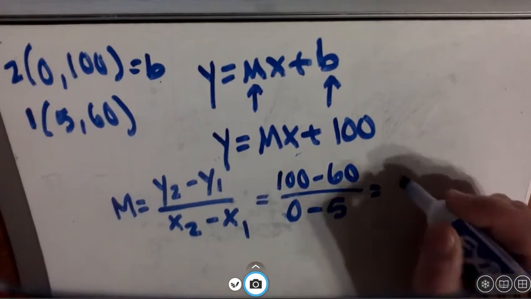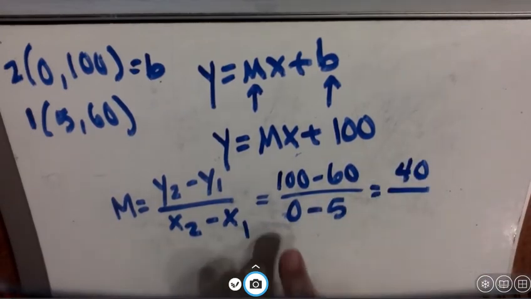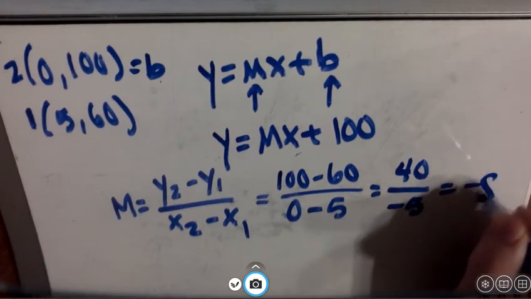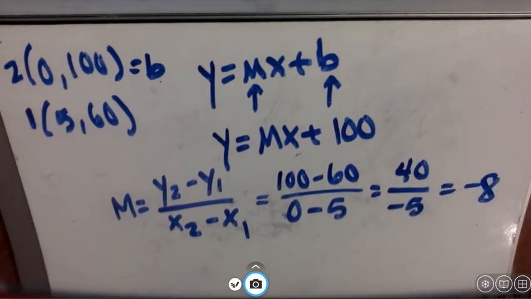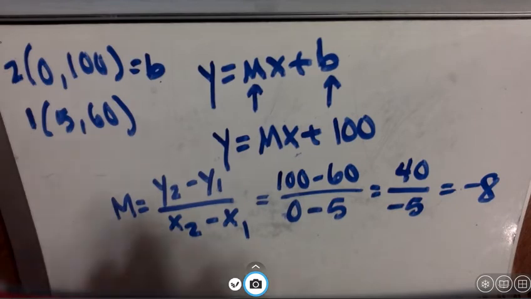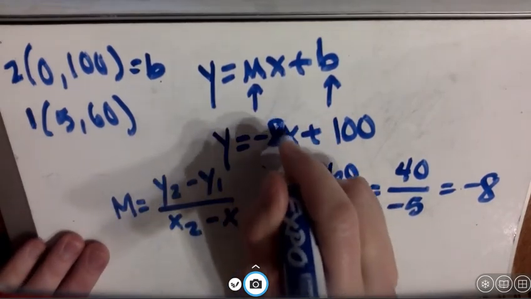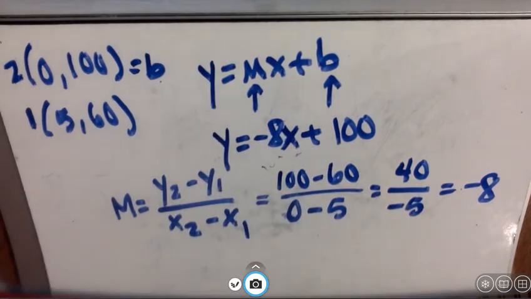So 100 minus 60 is 40. 0 minus 5 is negative 5, and I get negative 8 when I simplify that for my slope. So my final equation now is y equals negative 8x plus 100. And that's how you create a trend line.